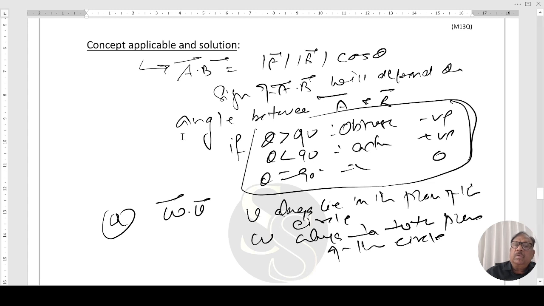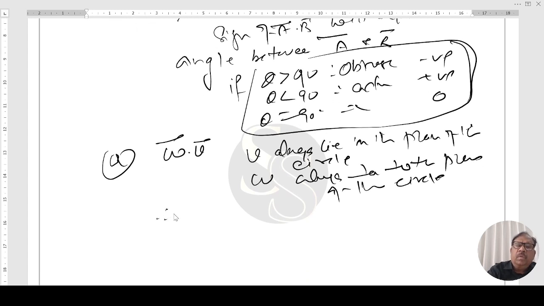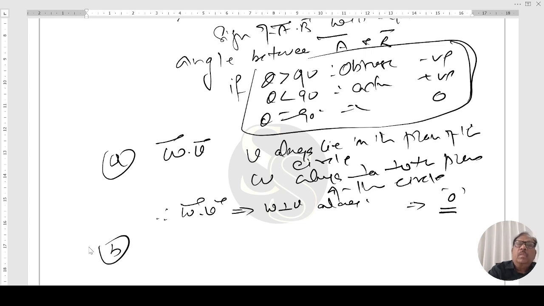Therefore, omega dot v means omega perpendicular to v always. Therefore, answer is 0.